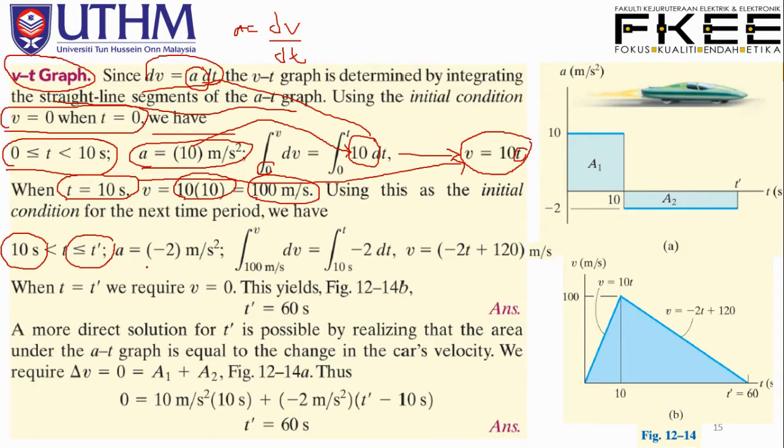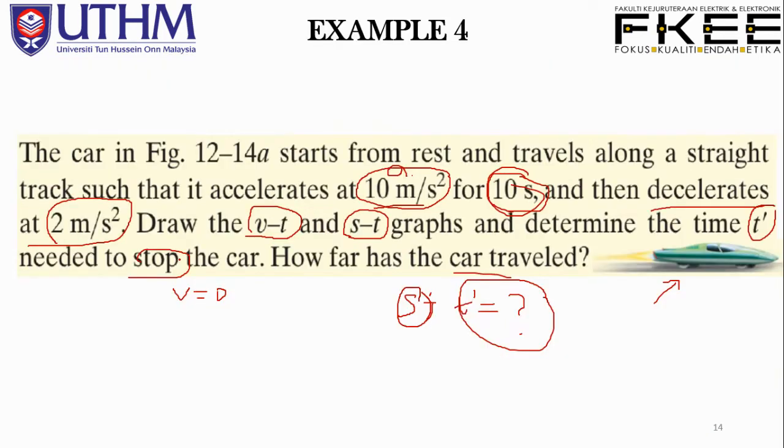So a equal to minus 2 meters per second squared. So we got the deceleration actually. The deceleration happens after t equal to 10 seconds, but lesser than t prime, because the car has stopped at t prime. So a equal to minus 2, this is actually from this condition, decelerate.